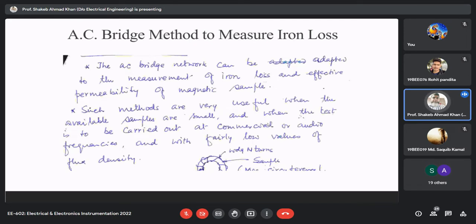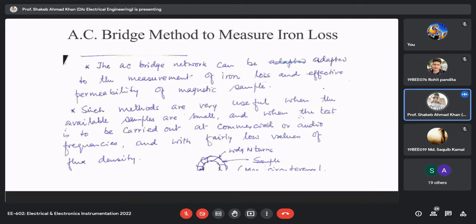So we use ferrite cores, and ferrite material is basically in powder form, and casting is done to make different shapes of the core.